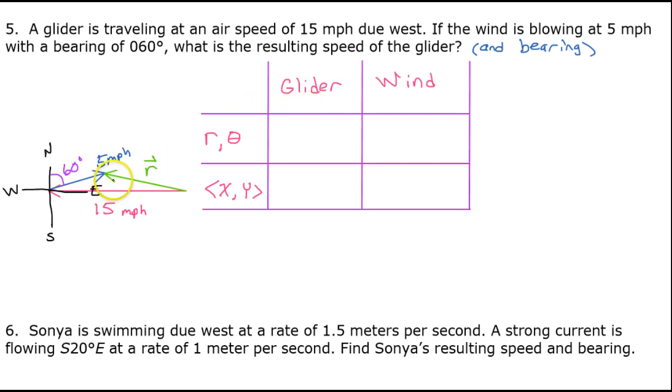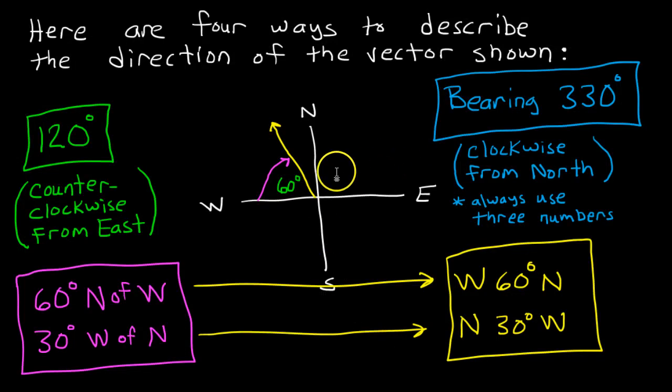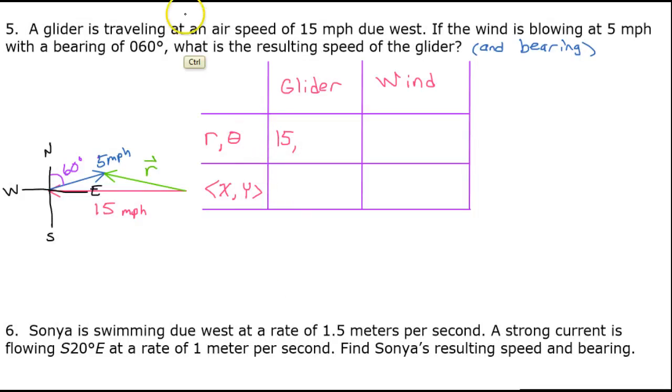Remember that the glider is this pink vector here, the 15 miles per hour due west. Okay, so let's talk magnitude, comma, direction. The magnitude is just 15. Now the direction, for the purposes of this chart, we need to use the direction method where we measure counterclockwise starting from east. We need to go back to that. Alright, because that's how our formulas are kind of built.